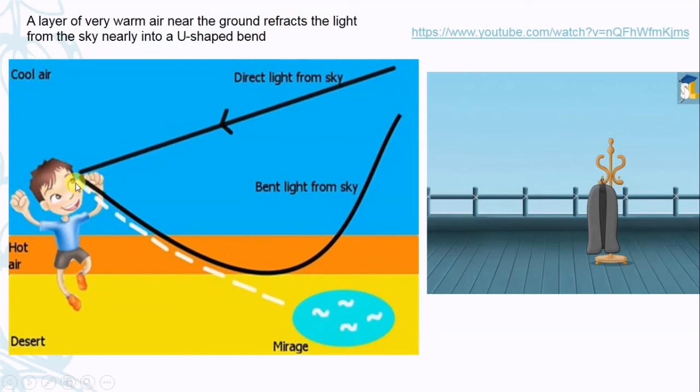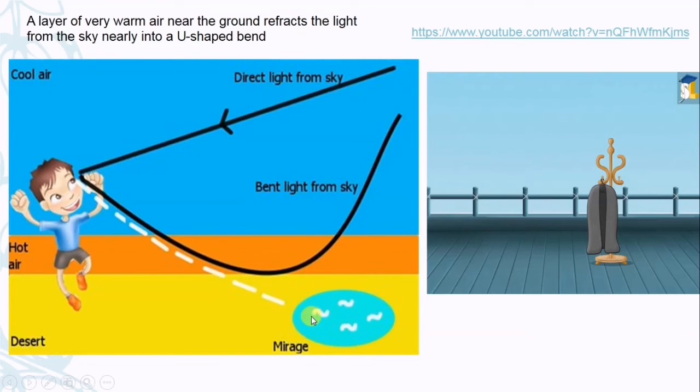We know that the brain always assumes that the light has traveled in a straight path. So we got this one, the black one. The brain traces it back, and we think that the source that gives us this ray is here.